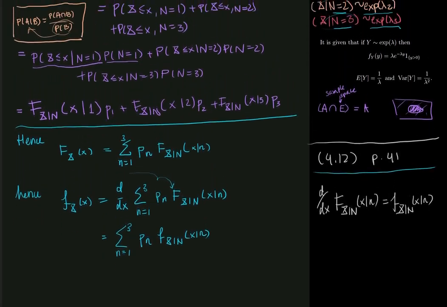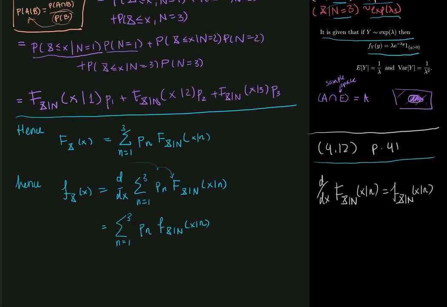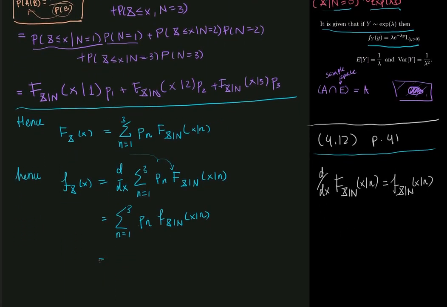And what are the conditional densities? We know that in each of the conditional distributions for x, where n is equal to 1, 2, and 3 respectively, the densities are those of the exponential distribution with parameters lambda 1, 2, and 3 respectively. In the book, they give us the exponential density function, so we can just plug in the density function for the exponential distribution, and then we're done.